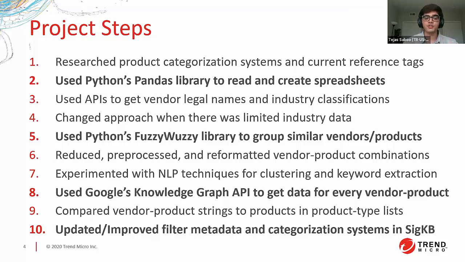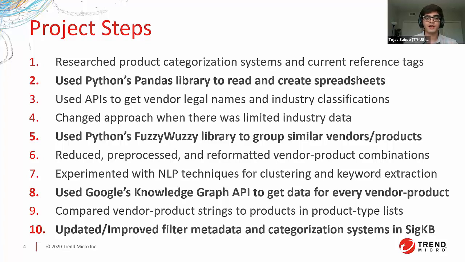I used a lot of different approaches, but my most successful one was using Python's FuzzyWuzzy library to group similar vendors and products together and find clusters. By doing this, along with other techniques, I was able to reduce the workload from 20,000 filters to around 1,800 unique vendor product combinations. This significantly reduced the manual review process as well.